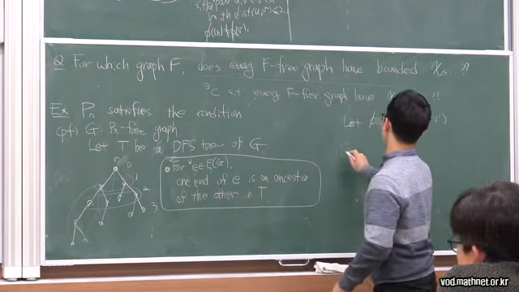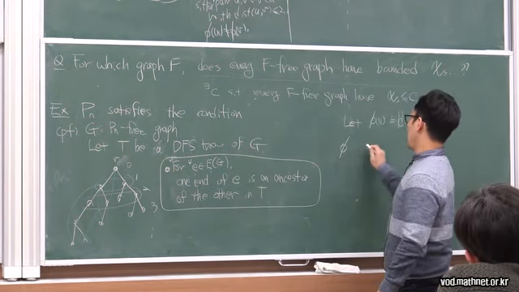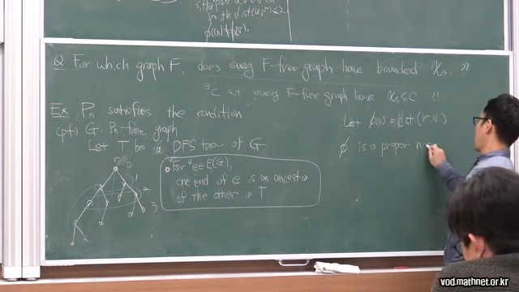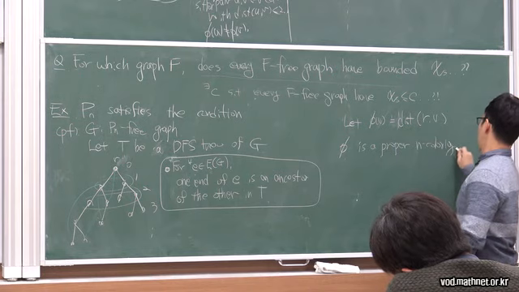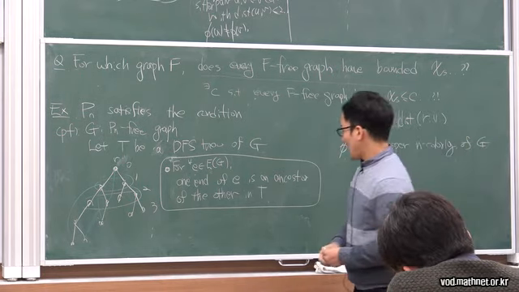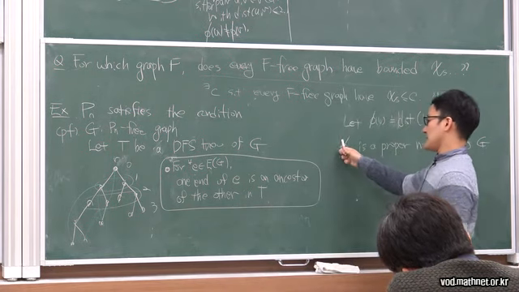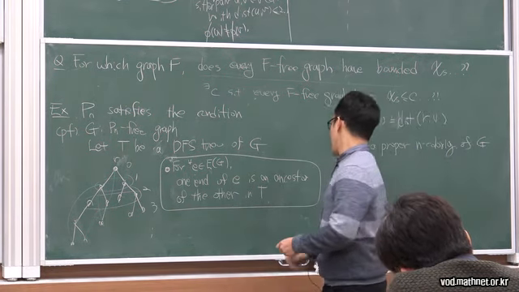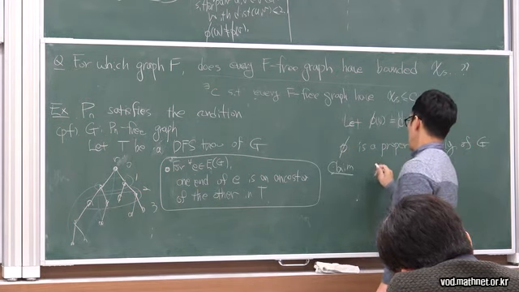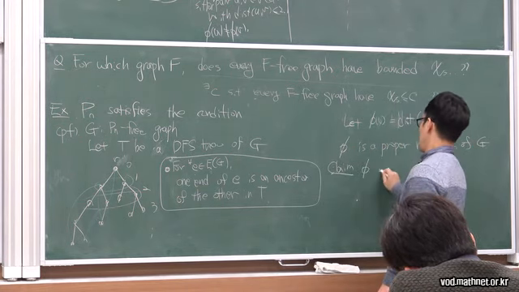So clearly, phi is a proper coloring of G. And I claim that this is indeed a star coloring. So the claim is that phi is a star coloring.